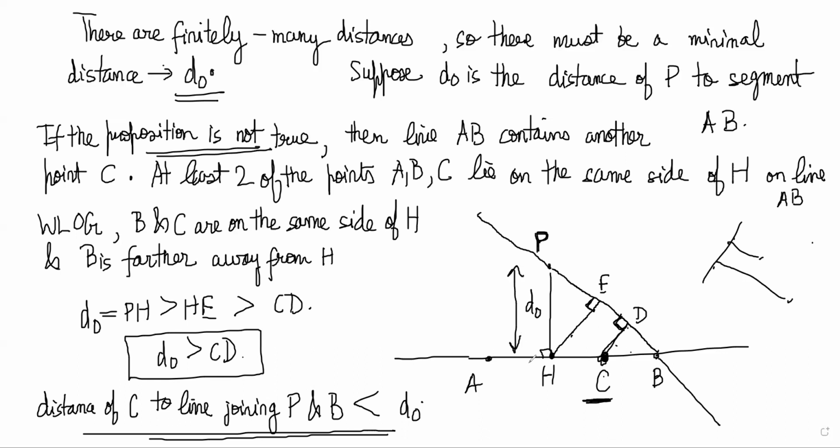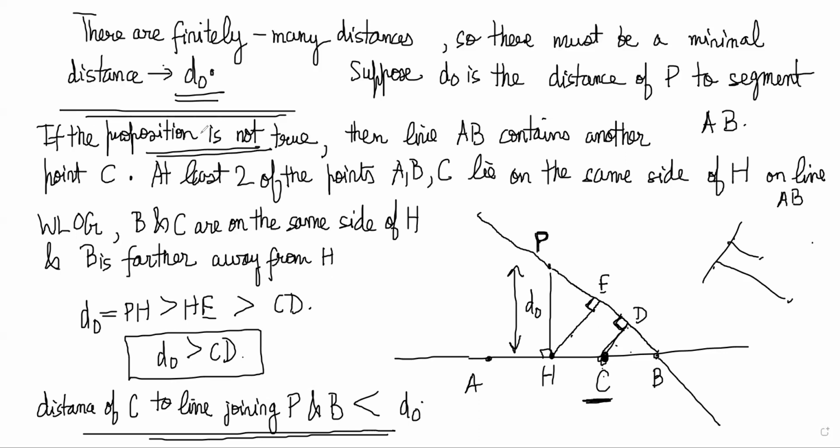But that contradicts our assumption that D naught was the minimal distance. Now we are getting the distance of C to PB as the minimal distance. This is a proof where we have constructed a situation where our assumption turns out to be wrong. And basically, that means our negated proposition is not true.